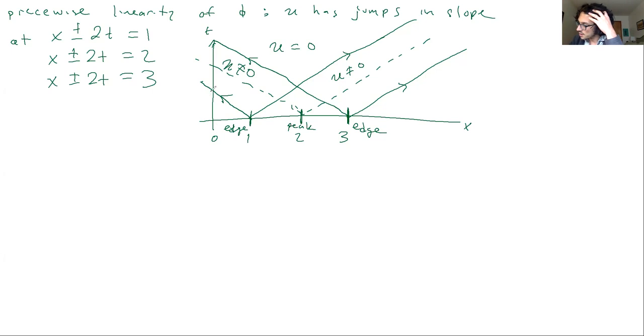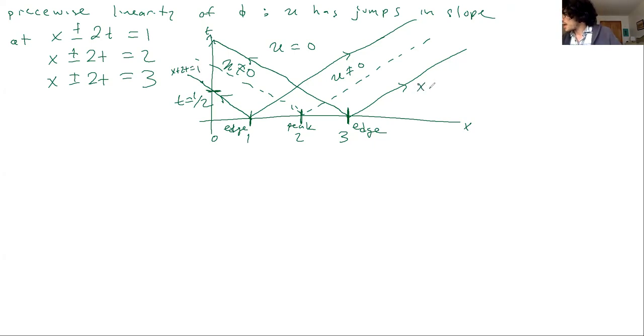Here, if this is 0, we're crossing the t-axis here at t equals 1/2, right? This is our line x plus 2t equals 1. Let me do that a little bit better. So this is the line x plus 2t equals 1, okay?